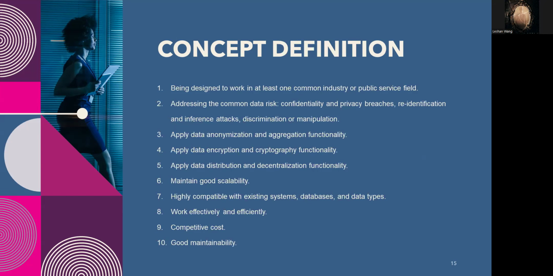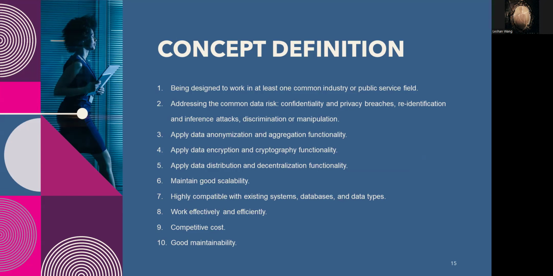This leads to the concept definition of our privacy preserving technology. Here are the 10 points I've listed, which I think are the key concepts or goals we have to achieve for our product.